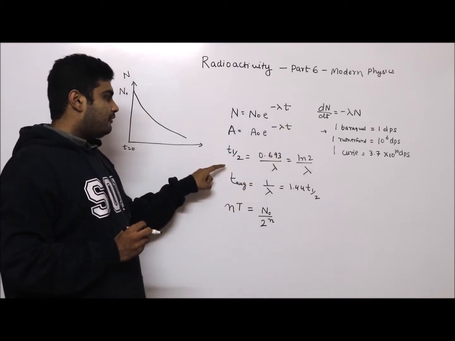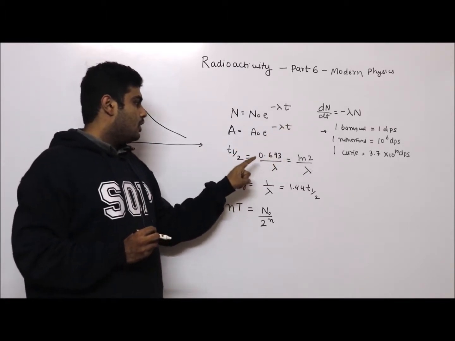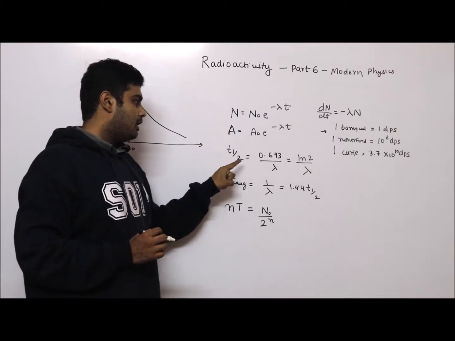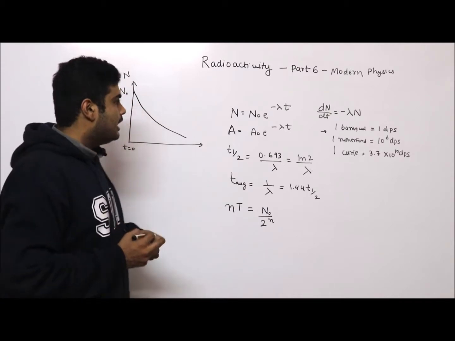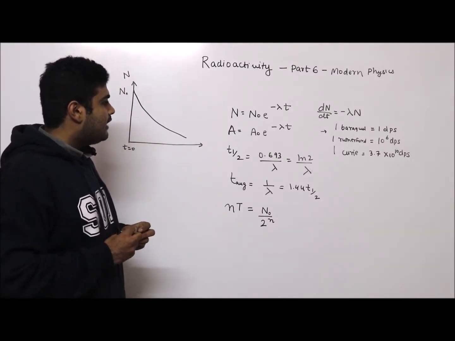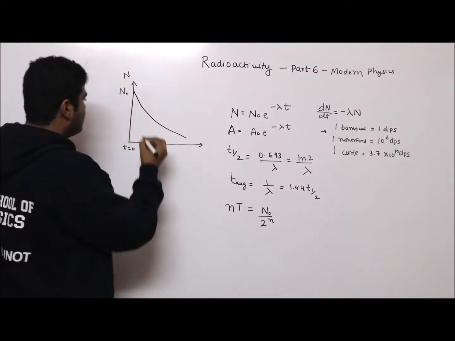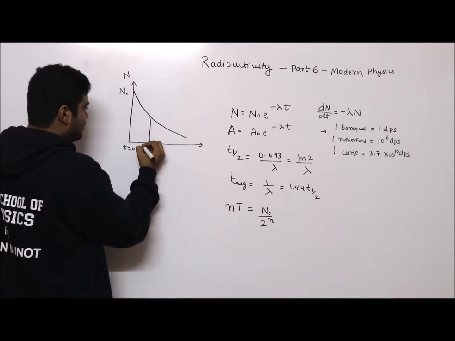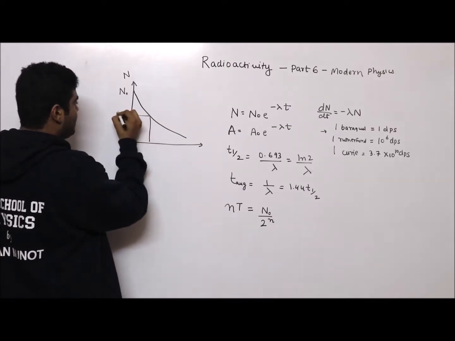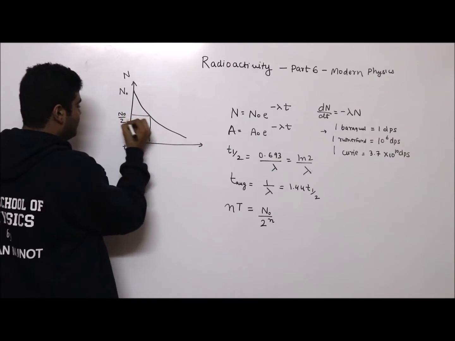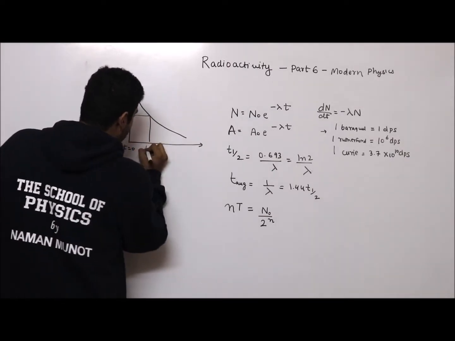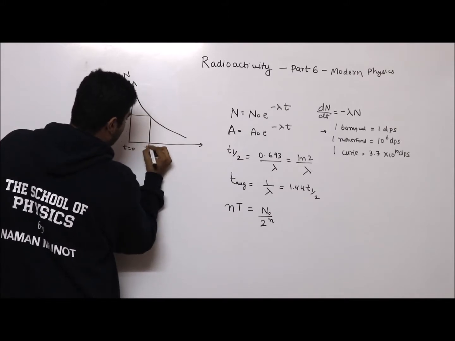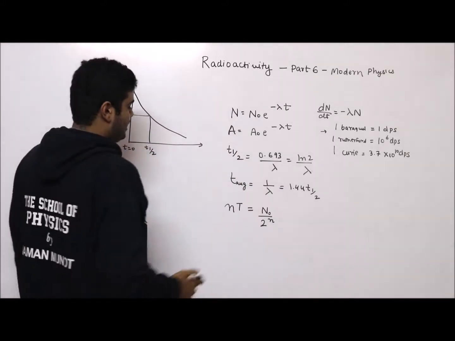Now half life has a formula equal to ln2/λ. What is half life? Half life is when N becomes N₀/2, the number of nuclei just halves. So this is half life, equal to ln2/λ.